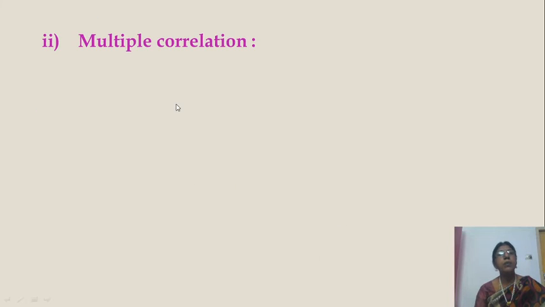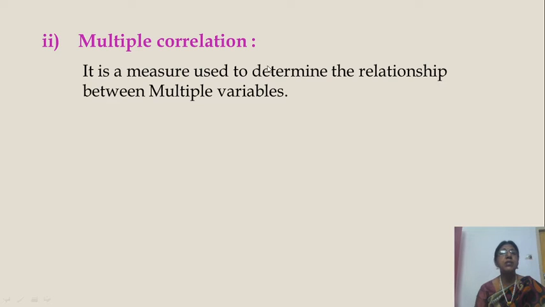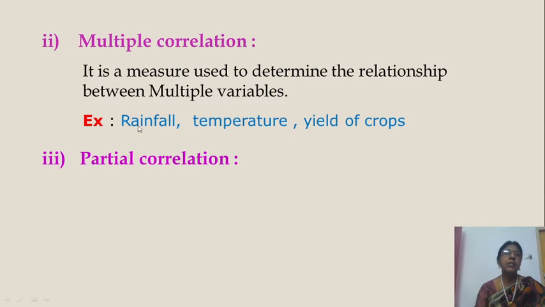Multiple correlation is a measure used to determine the relationship between multiple variables, more than two variables. For example, rainfall or temperature: today's temperature in Tirupati, in Hyderabad, in Vijayawada, in Nellore, in Vizag, like that.